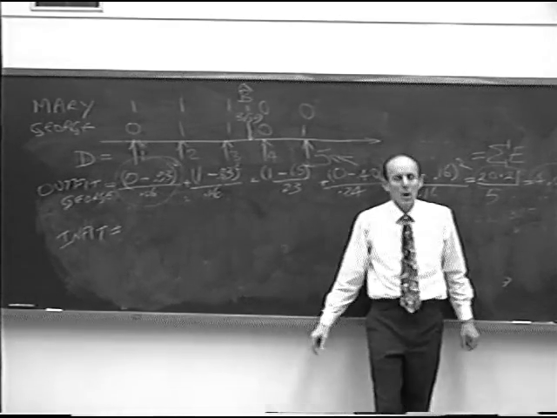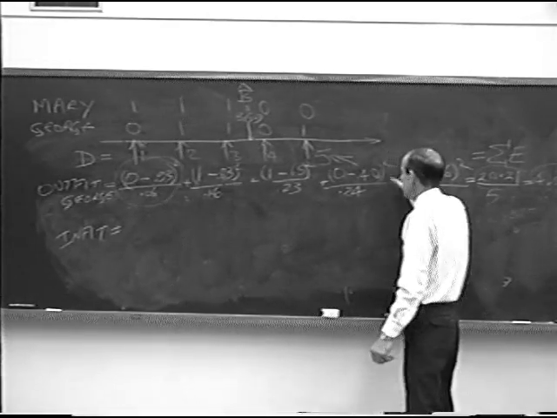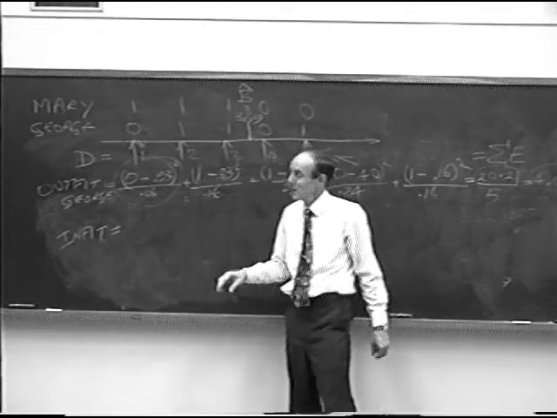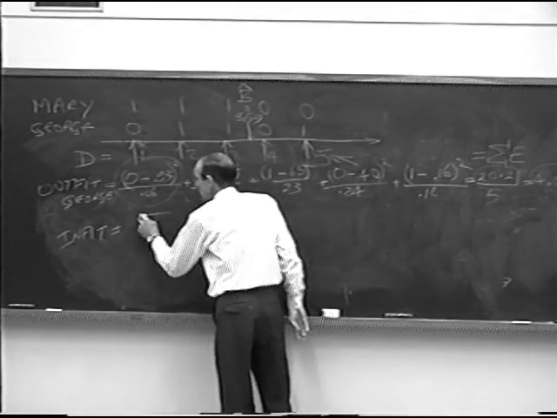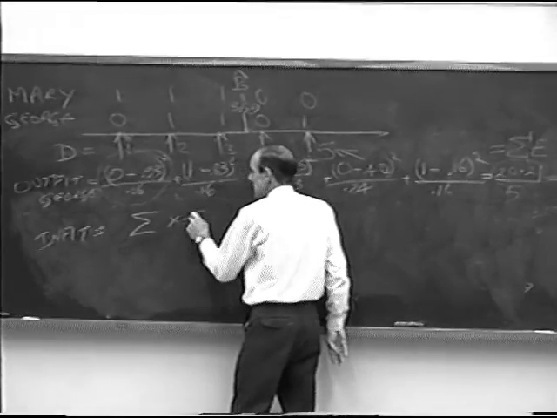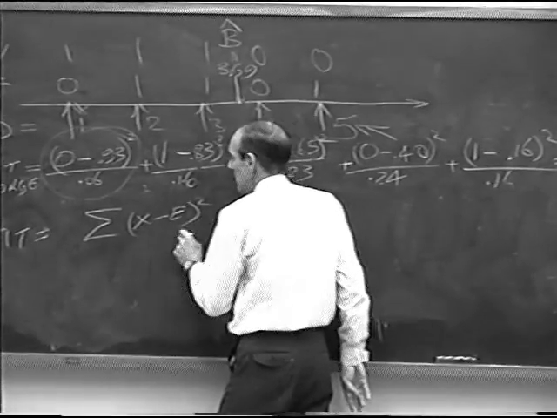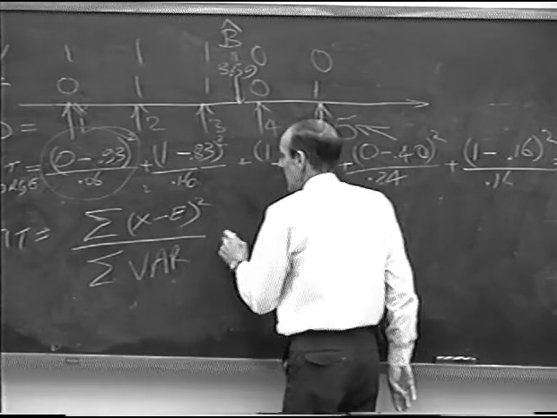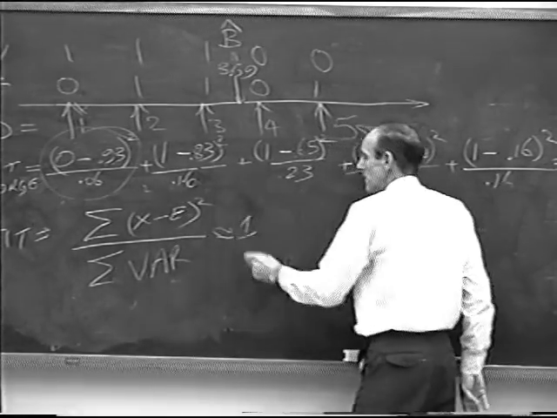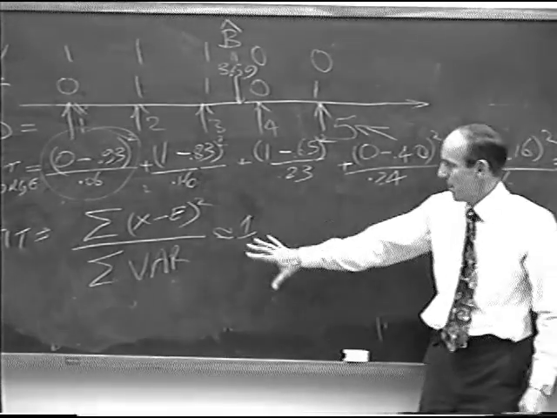It's still 1. You can do a little arithmetic yourself if you're not convinced. But that means if we take the sum of all the (x minus e) squareds on the top and the sum of all the variances on the bottom, we expect a value close to 1.